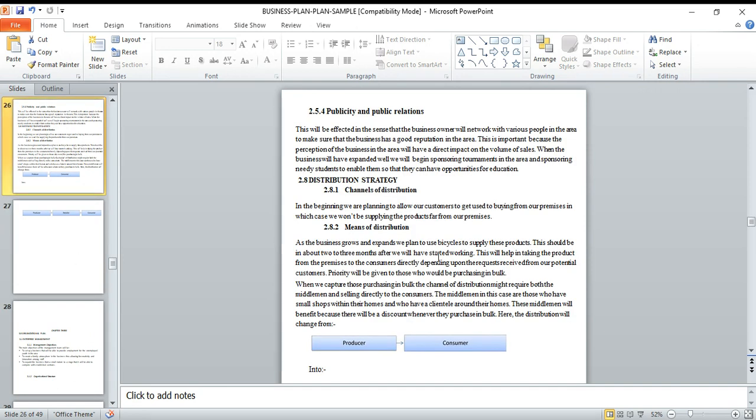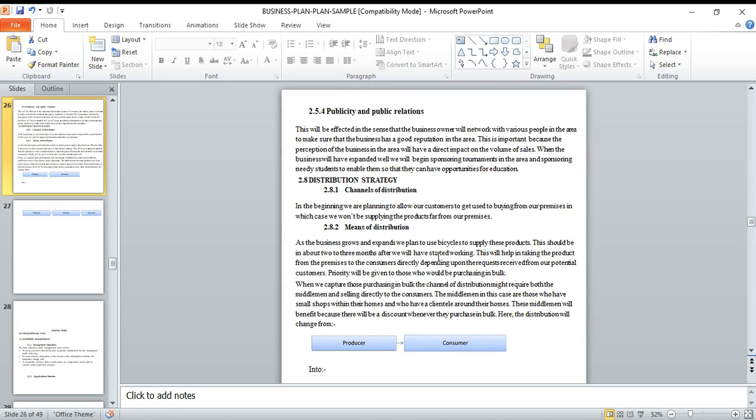Which is the final stage under the marketing plan. So, channels of distribution. What are the ways or what are the means? What will you use?